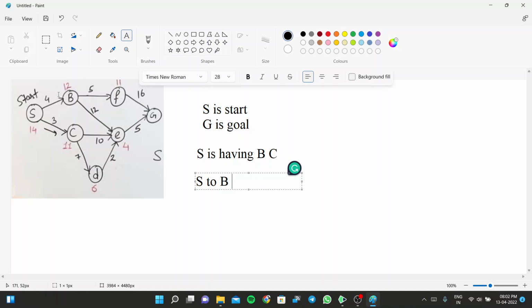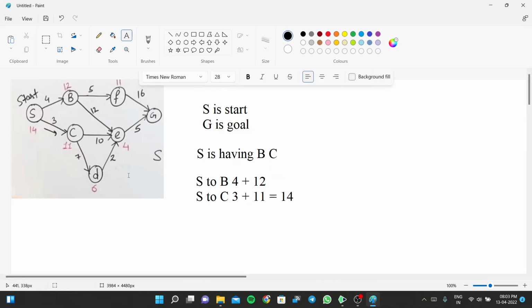The heuristic value is 4, and the distance is not 14, it is 12. So we write 4 plus 12. Then S to C is 3 plus 11. So 16 versus 14, and this gives me the lesser value.